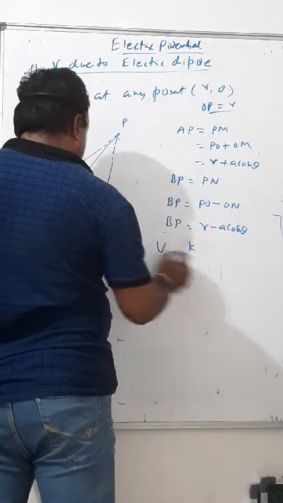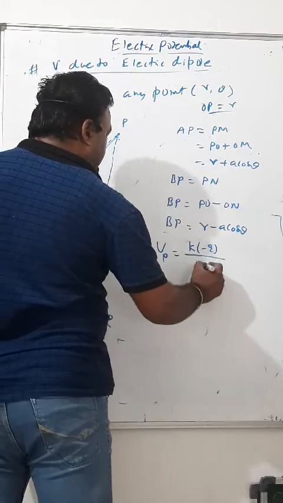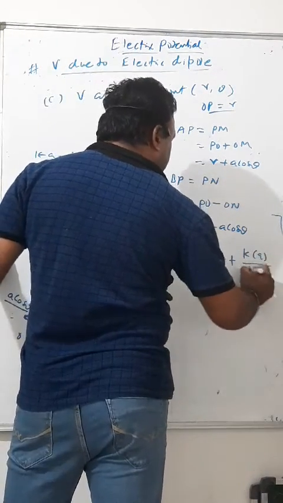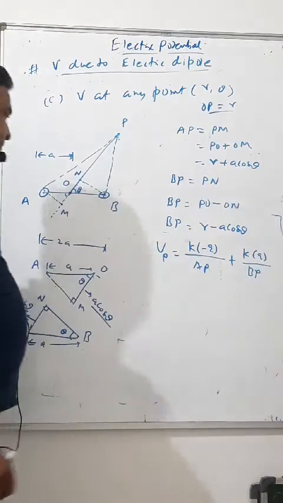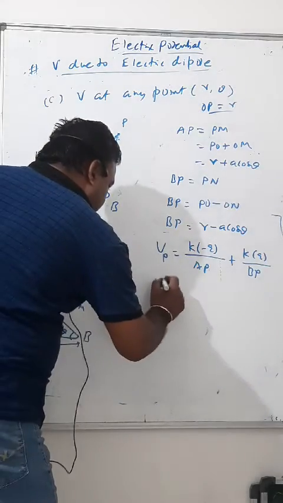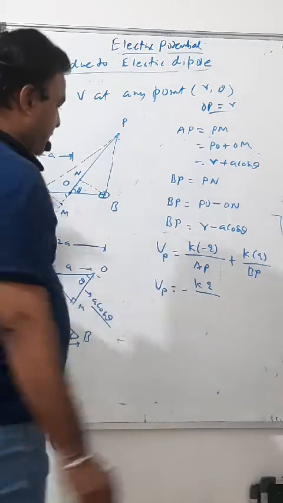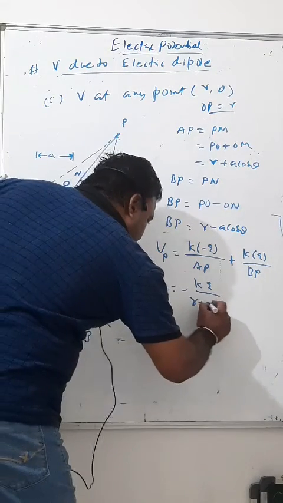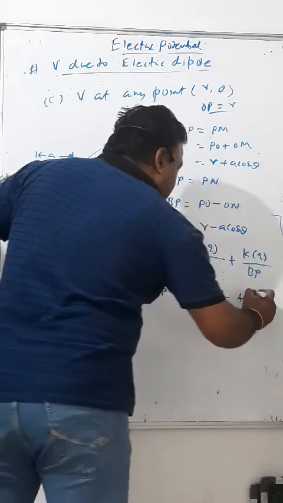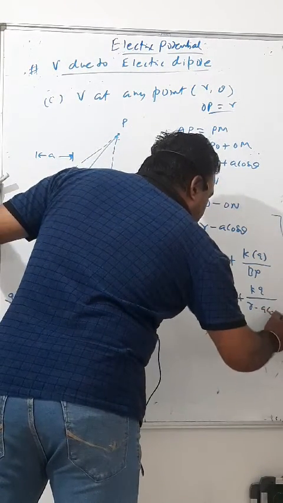Now, VP is equal to K minus Q upon AP plus K plus Q upon BP. Right? Now VP is equal to minus KQ upon AP. AP is what? R plus A cos theta, plus KQ upon R minus A cos theta.